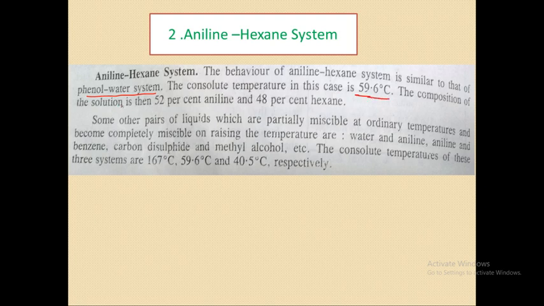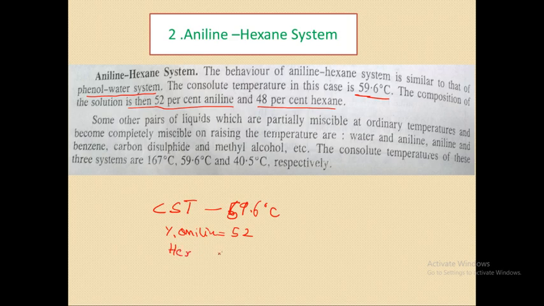The composition of the solution is 52% aniline and 48% hexane. So the critical solution temperature is 59.6 degrees Celsius, and the percentage of aniline used in the solution is 52, hexane is 48.